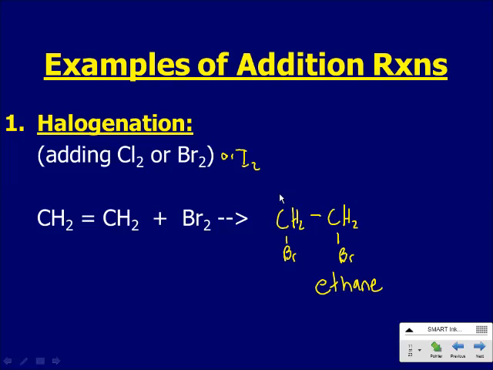The issue isn't that it wouldn't be formed in this, but if I just said to you, draw dibromoethane, you'd ask the question, where do I put the bromines? Do I put them both on the first, or do I put one on the first and one on the second? If I put it on a quiz, you wouldn't be able to complete it without some numbers. So we do need numbers for this.